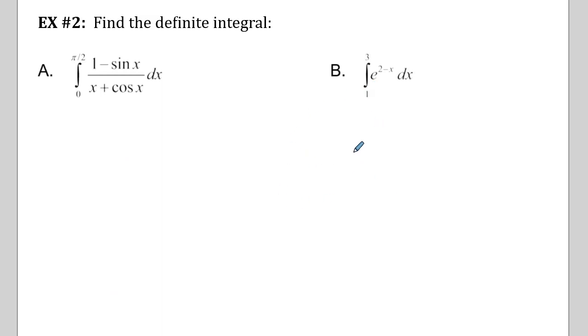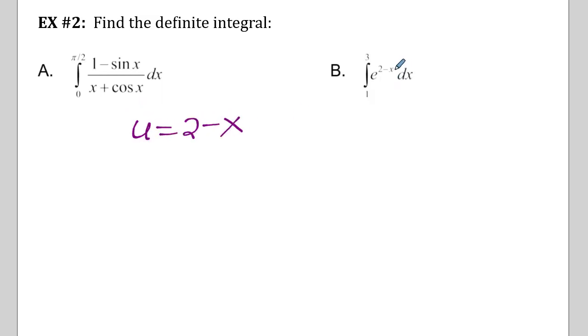All right, in B, we've got the integral from 1 to 3 of e to the 2 minus x dx. Okay, this one's pretty straightforward. Again, using LIATE, algebraic comes before exponential. So let's try u equals 2 minus x.